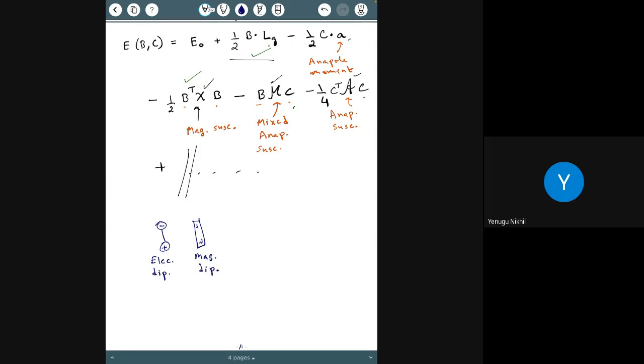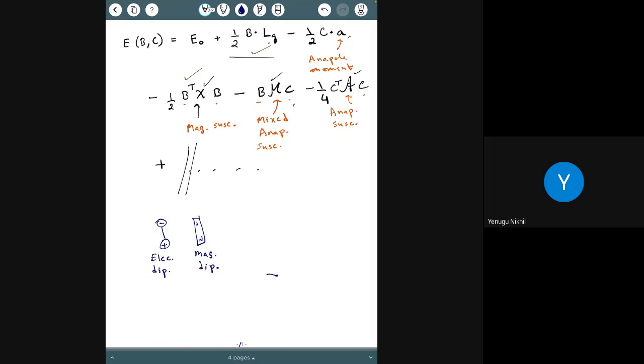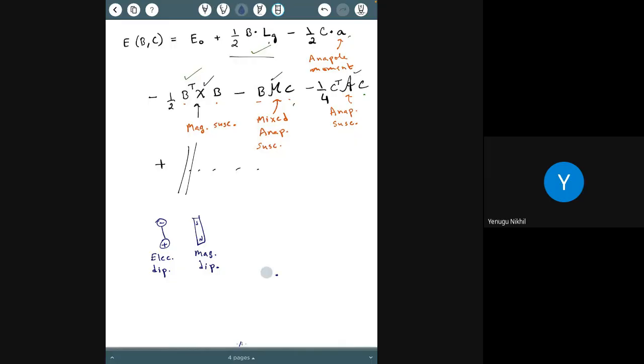If you have a charge that is moving in a ring, some charge, plus or minus or whatever, then it generates a magnetic field along the axis.